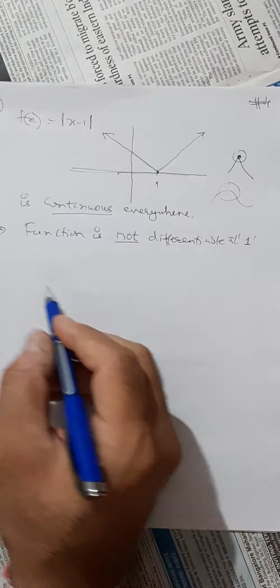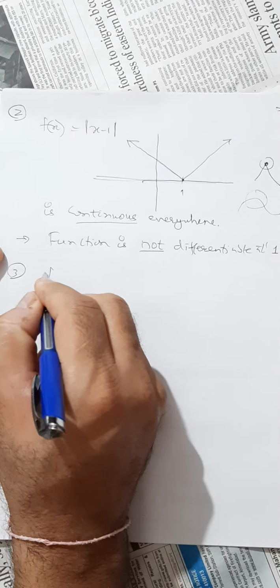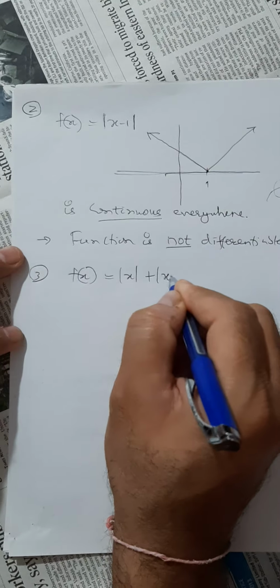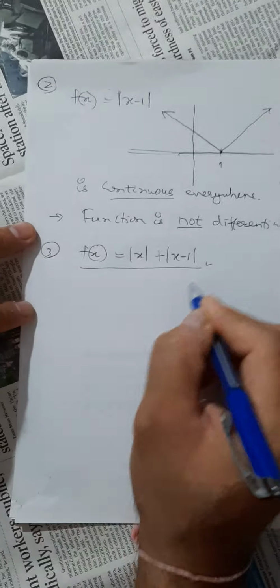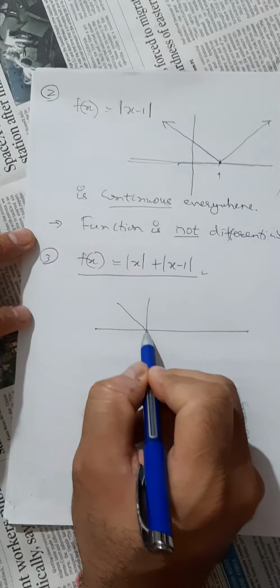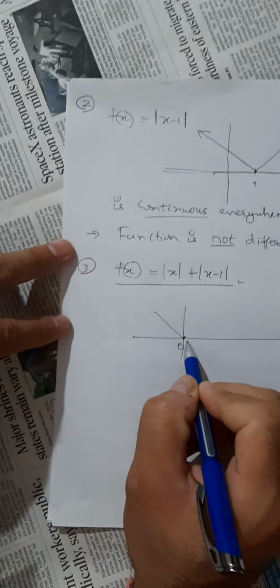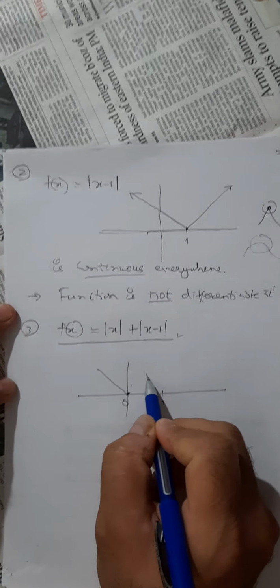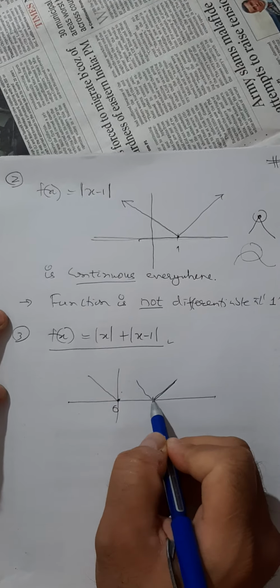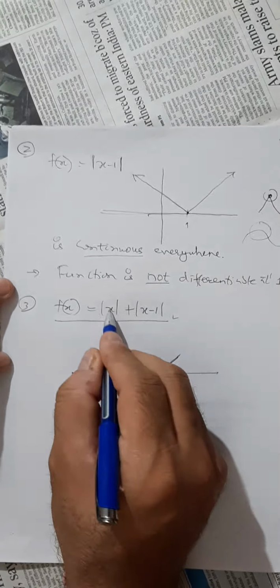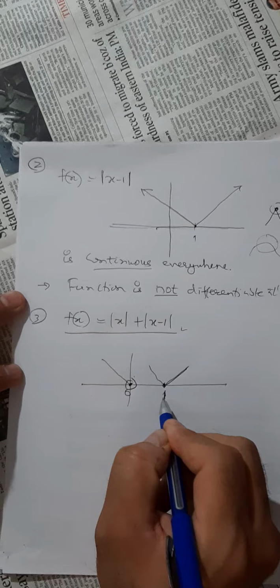Okay, if I take, for example, if I combine these two functions, modulus x plus modulus x minus 1, then if you draw the rough graph, you will find a corner here at 0, then something like this, and here again a corner at 1. You will find two corners in this graph, one at 0 and the other at 1.